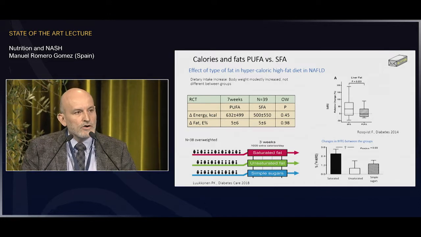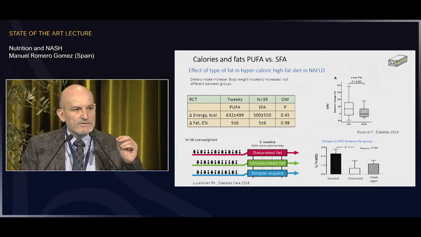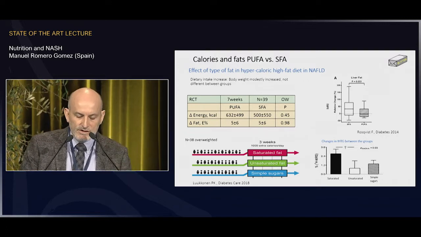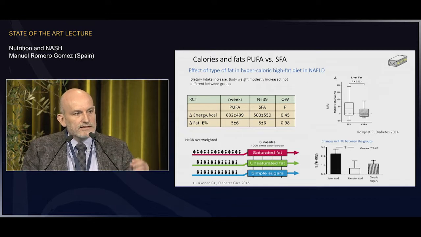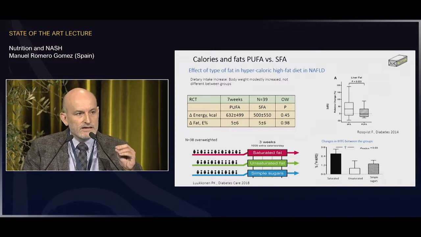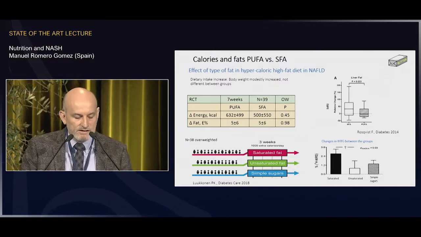You can see how polyunsaturated fatty acid in a patient receiving a hypercaloric diet reduce the percentage of fat infiltration in the liver using MRI, but in patients with saturated fatty acid, this fat infiltration, this steatosis, increased significantly.